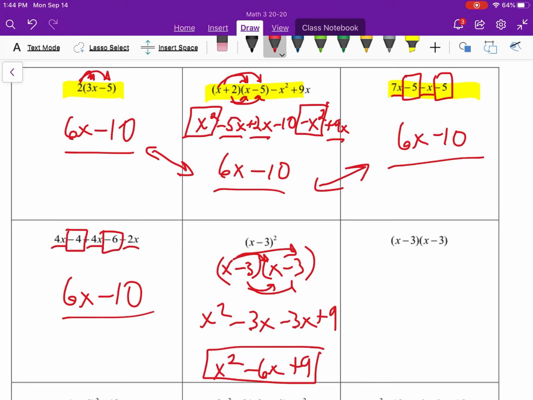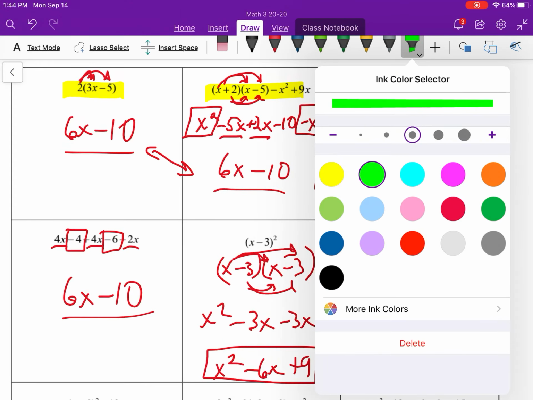Okay. Now that we have that, we're going to go ahead and do the next one, which says x minus 3 times x minus 3. Now, even before we go ahead and distribute this out, we can notice that these were the exact same. So we already know, I'll go ahead and do this in a different color, right?